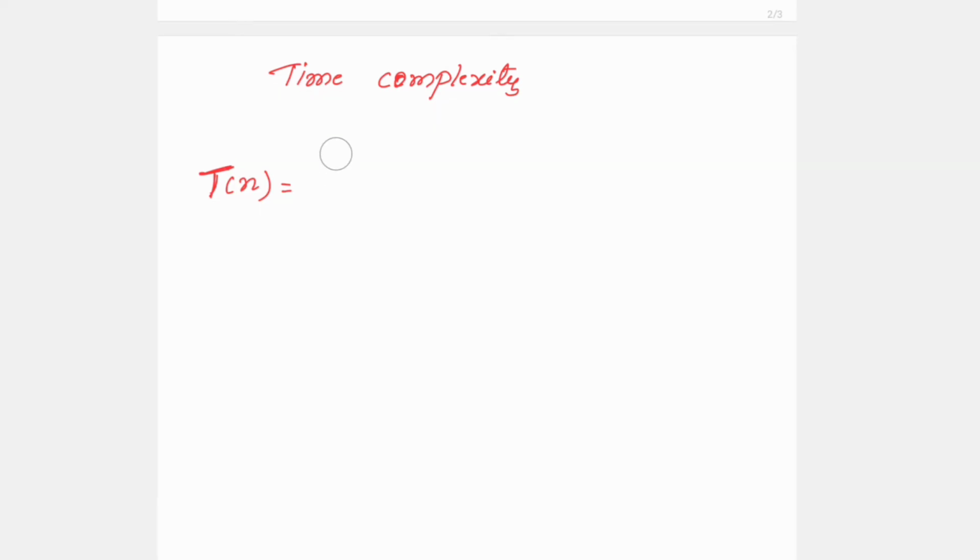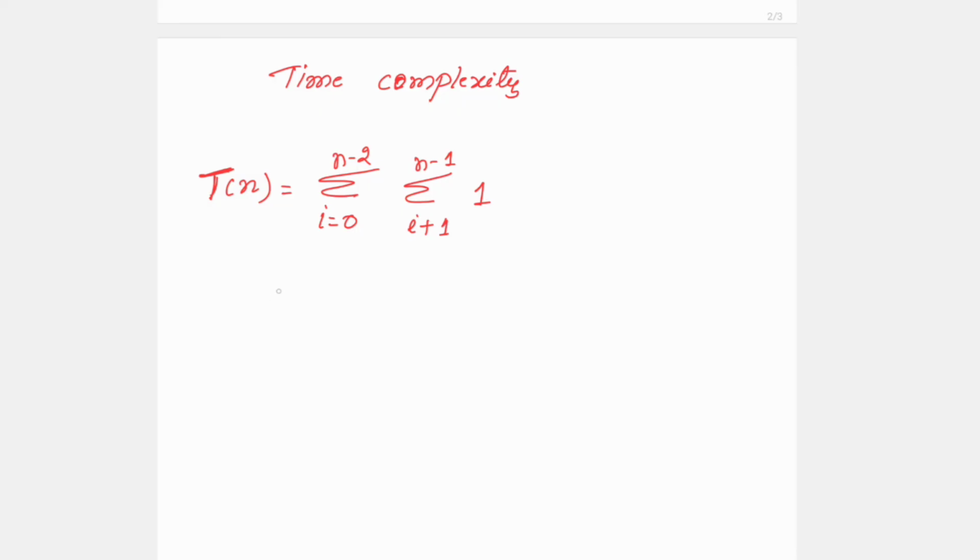T of n is equal to summation of I equal to 0 to n minus 2, and j is operating from I plus 1 to n minus 1, and there is one basic operation here. So now you simplify this summation I equal to 0 to n minus 2. The upper limit is n minus 1, minus of I plus 1, and this one is there.